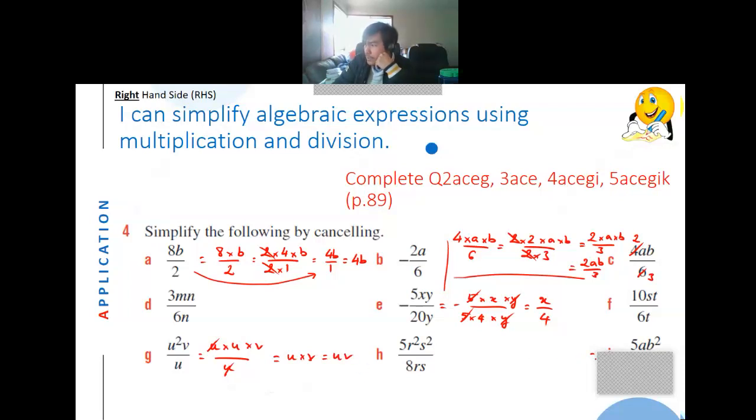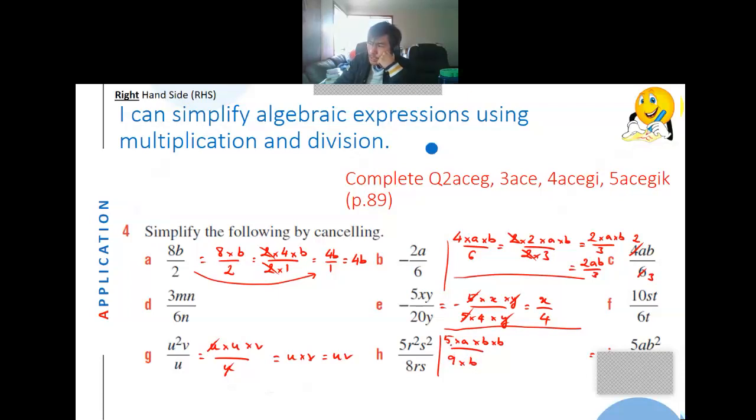And the final one here with I, we've got 5 times a times b times b, because we have a b squared, over 9 times b.